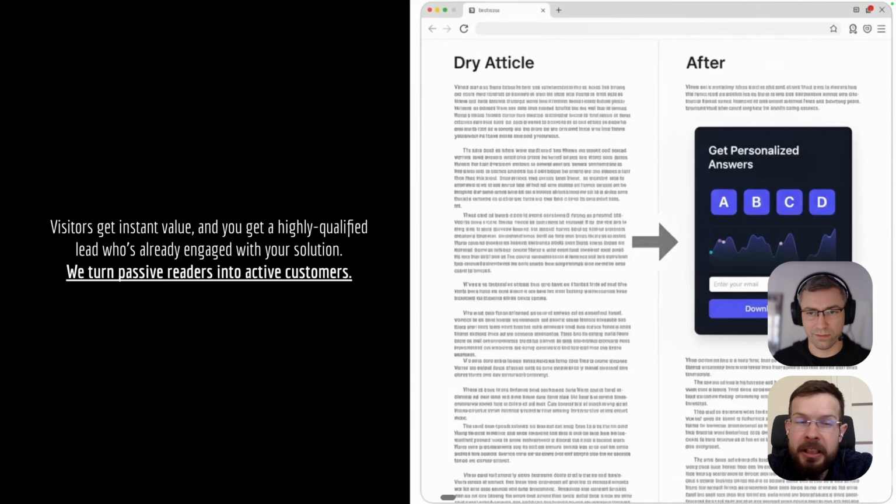So at Crawley, at wearecrawley.com, we transform the static content into interactive elements. And I like to say we give them a second life and maximize the conversions on a lot of great information that is shared online, just needs to be revived when it comes to the form it is presented. So yeah, what we see on the screen, we turn passive readers into active customers.